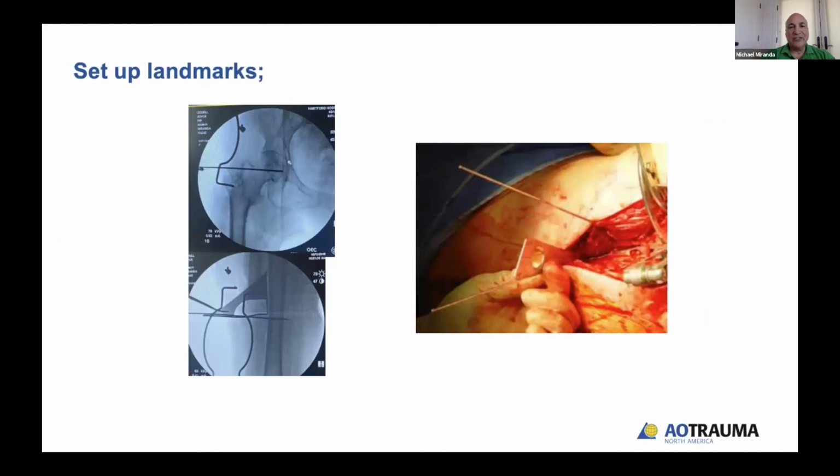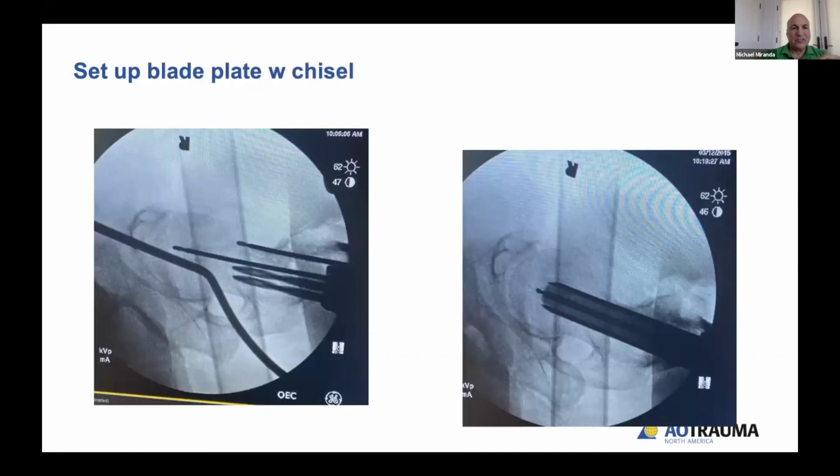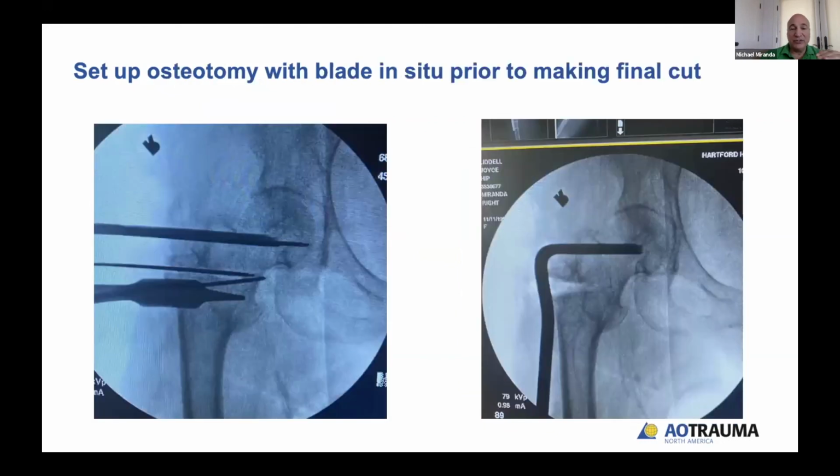And this is the execution, which you've seen previously. We've got distal reference wires, a proximal wire, and I use the metal triangles that are available in the osteotomy set. You set up the blade with the chisel and set the blade in. Remember, I put the chisel in, back that out, and set up my osteotomy with wires.